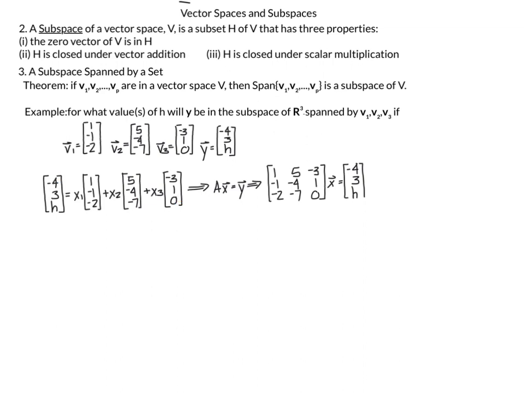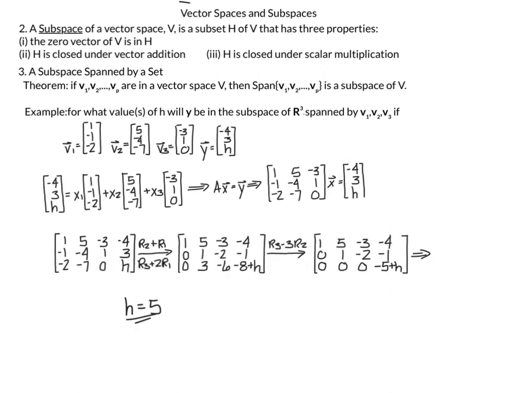So I have -4, 3, h equal to x1 times 1, -1, -2, x2 times 5, -4, -7, and x3 times -3, 1, 0. That's equivalent to the matrix equation where A has columns v1, v2, v3, times x equals my vector y. We know how to solve this. We do our row reductions until we get to this last equation, which tells us -5 plus h must equal 0. In other words, h must equal 5.